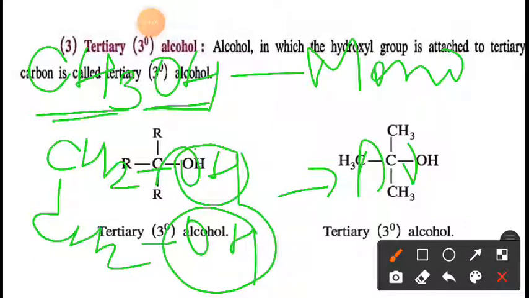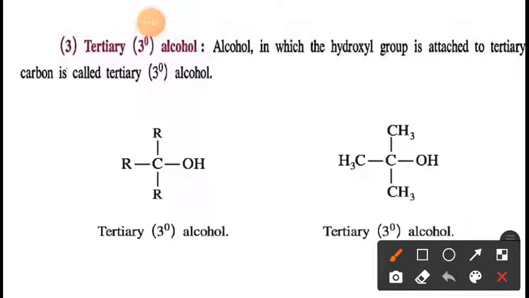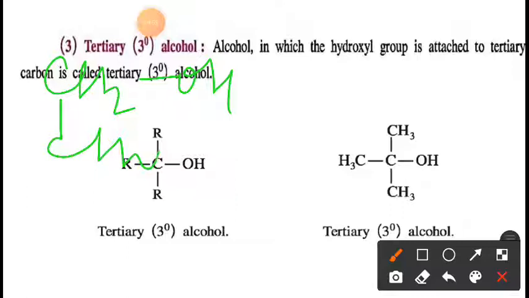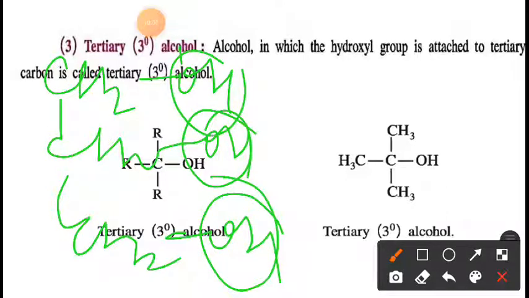Okay, now next is, if there are three like this, CH2OH, again CH2OH, and here again CH2OH, means three OH groups are attached here, right? So it will be what? Trihydric. Okay.